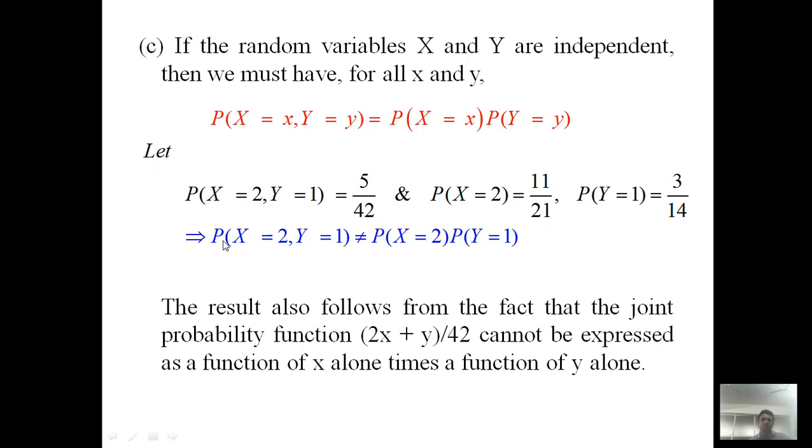That's why we have to say that capital X and capital Y are dependent variables, just like height and weight of a person. Height and weight are dependent variables.